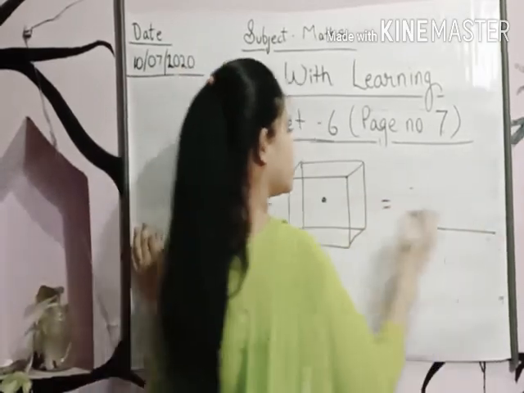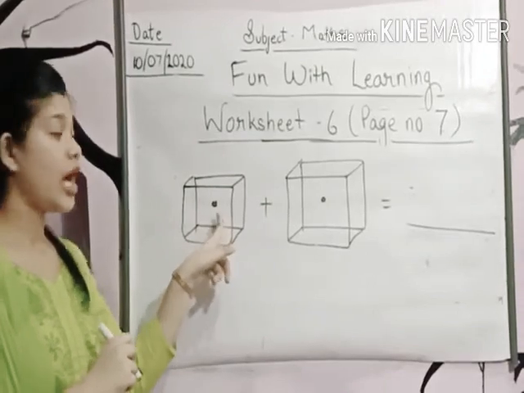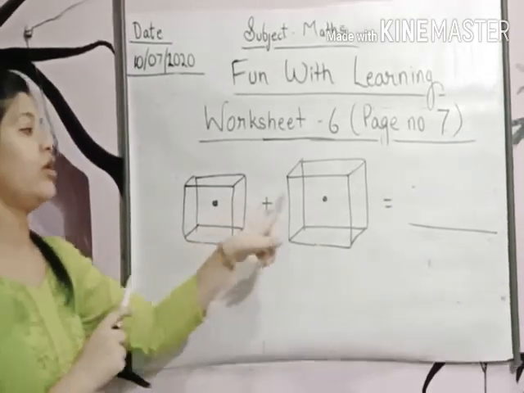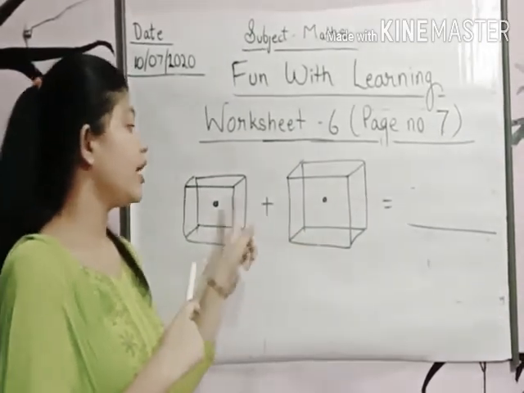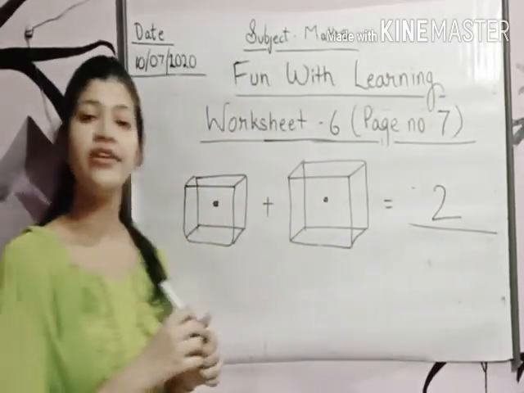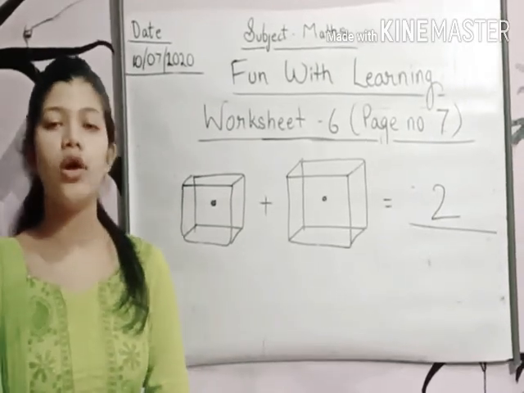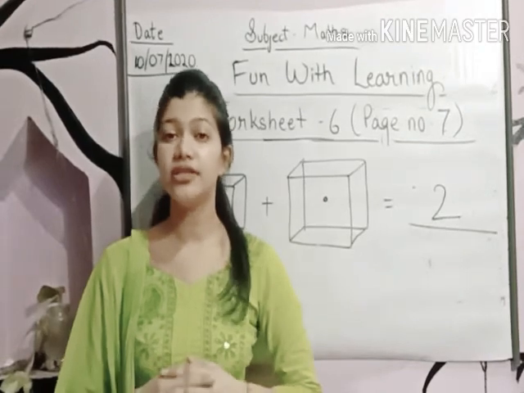Is equal to dash. Now what you have to do? You have to add these dots. How many dots are given on this dice? 1. Then on another dice, how many dots are given over here? Again 1. So 1 plus 1 is equal to 2. So what did we get as an answer? 2. Clear? In this way, you have to add all these dice. Clear? Now you can do this yourself.